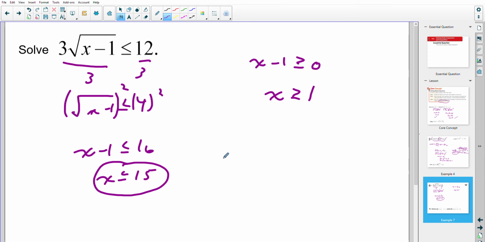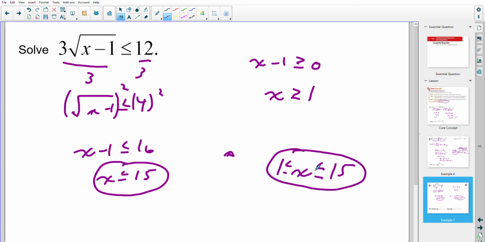So the way that you could write this is all x's greater than or equal to 1, less than or equal to 15. And that would be our answer. Again, you could try a number. Let's try 2 and put 2 in, and you're going to see that that's less than 12. Harder problem because you have to remember what the domain is, and the domain would be that to help you with your solution.